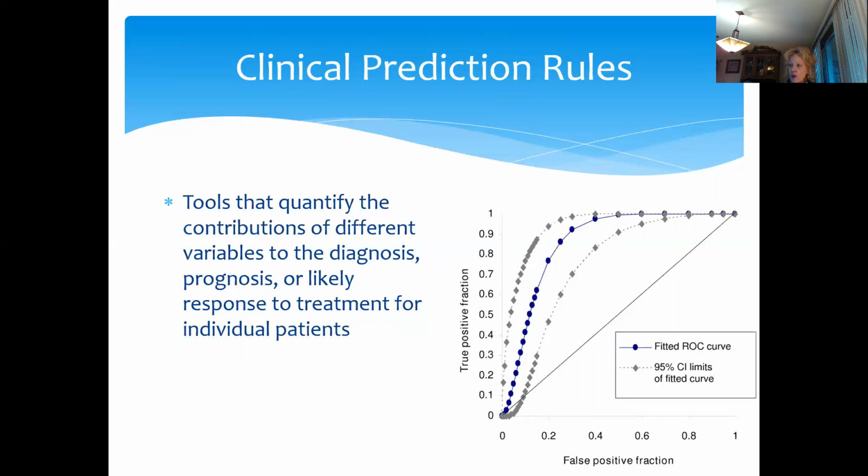So this may include things like age or gender, or as we said with the bowel cancer, it could be stage at the time of diagnosis. So these add additional variables to your ability to predict something about the condition in the patient.